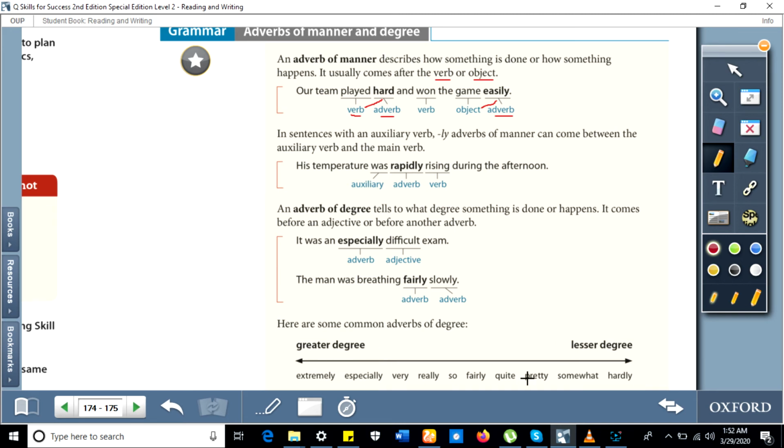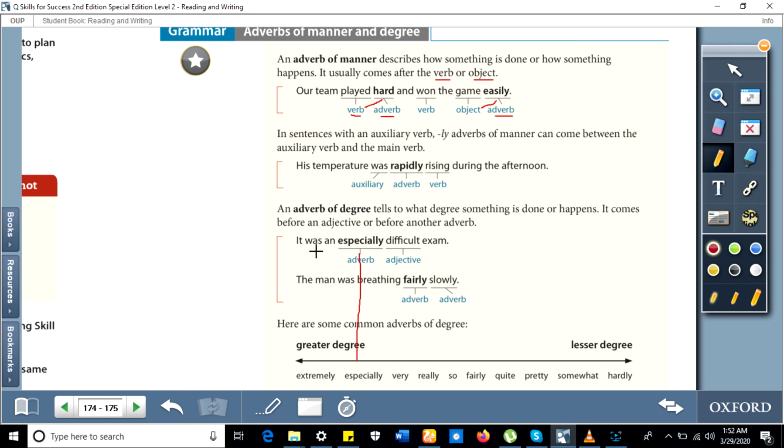So like this, right? This degree gives the intensity of an action. For example, here it was an especially difficult exam, right? So this adverb is giving a greater degree.